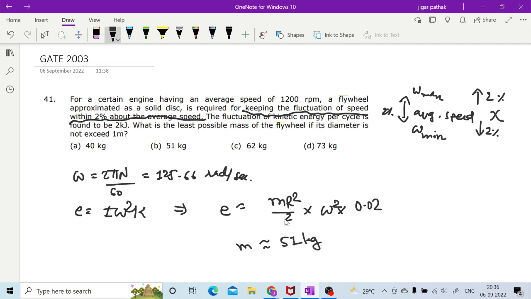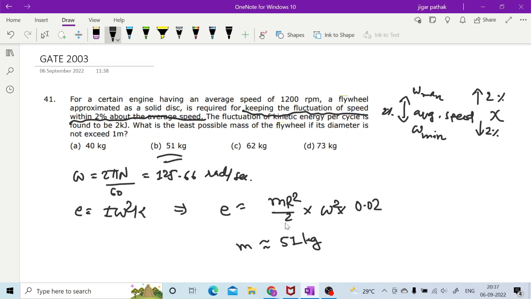Because all other data except mass is given to you. You have to calculate this mass, right? So E is given as 2 kilojoules, then omega you have calculated, k you know is 0.02, radius is known from the diameter given, right?